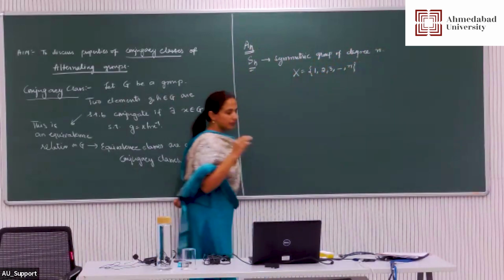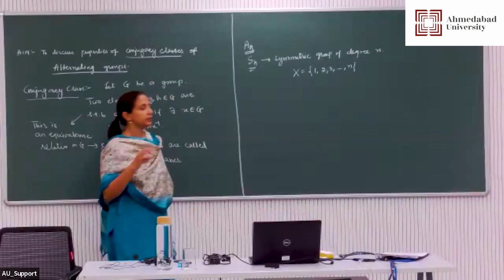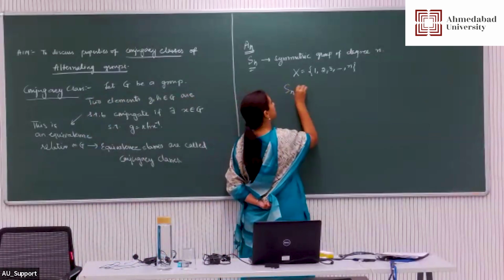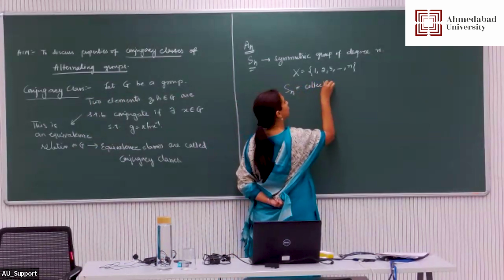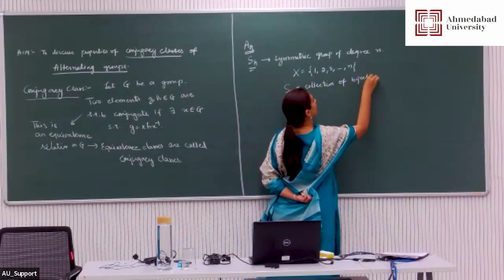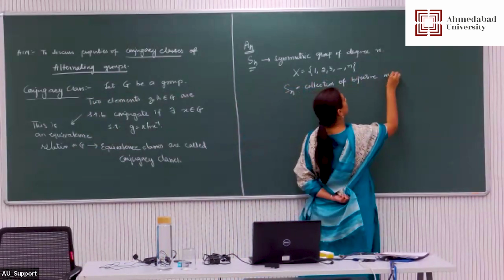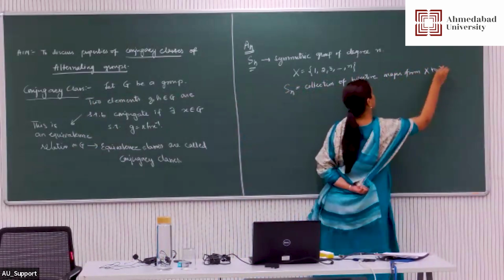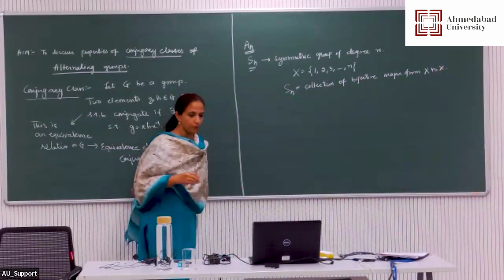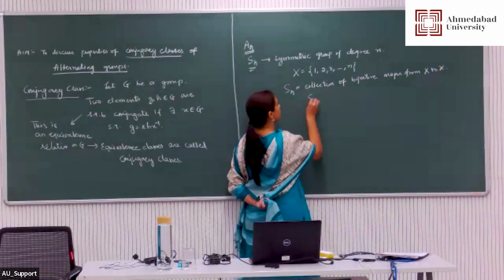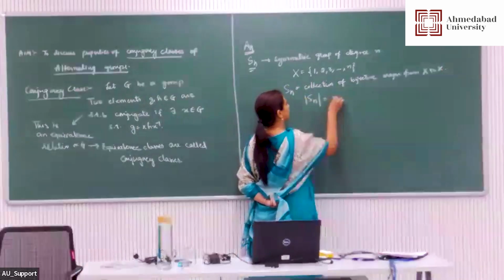To be specific, we are taking those n elements to be 1, 2, 3 to n. Then S_n is the collection of bijective maps from X to X, and this collection forms a group under composition of functions. And we know the size of S_n is n factorial.